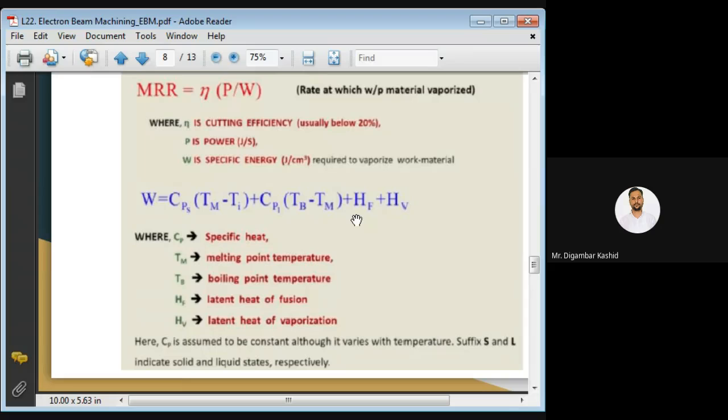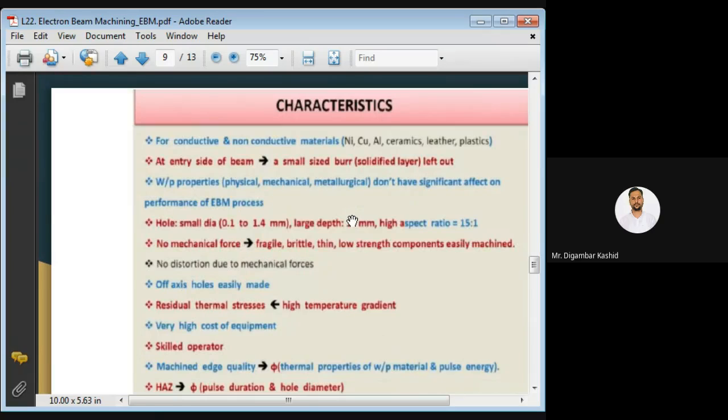Okay, so this is about the material removal rate. Now we'll go further to the characteristics of this process, EBM. As I already mentioned, this process can be used for conductive as well as non-conductive materials like nickel, copper.